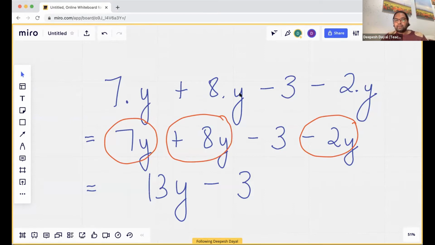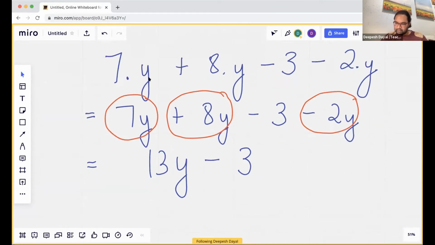Okay, I'm going to incorporate another variable now. Are you ready to try one with 2 variables? Yes, sir. Okay, I'm going to use y and p.